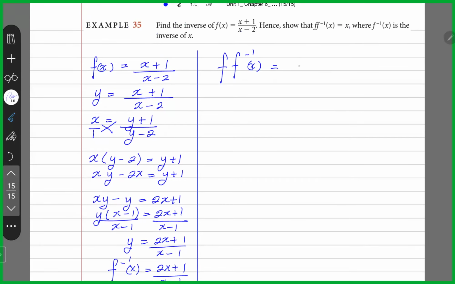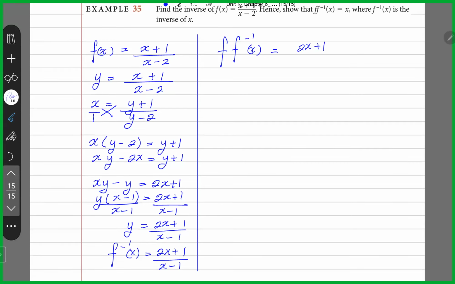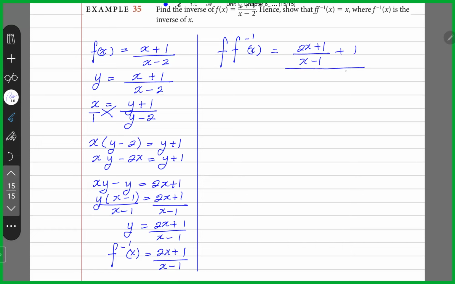So that is going to be 2x plus 1 over x minus 1, plus 1, all over, sorry, it's supposed to be, all over 2x plus 1 over x minus 1, minus 2. Let's simplify this. We have 2x plus 1. Now, if the theory is correct, the final answer for this is supposed to be x.